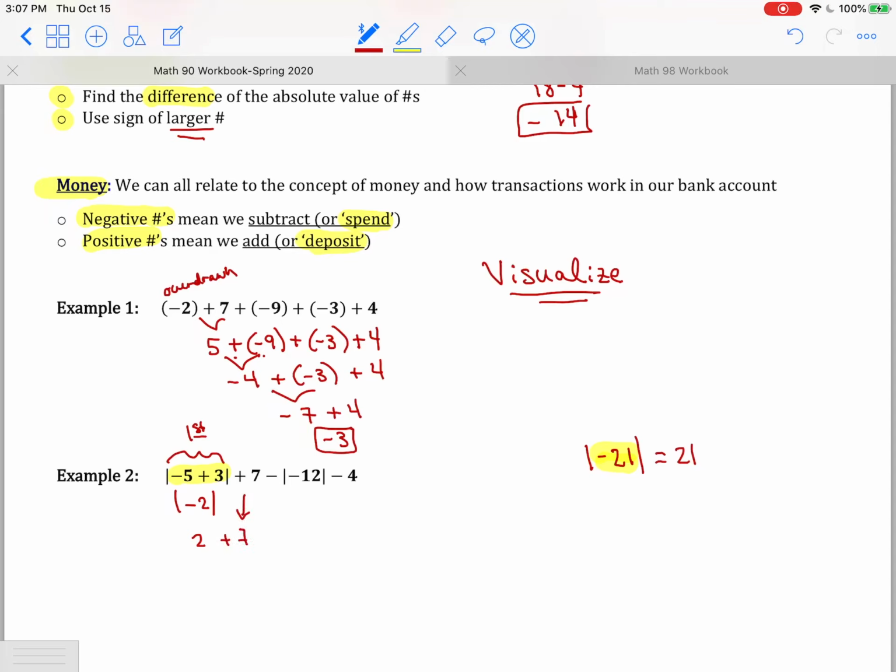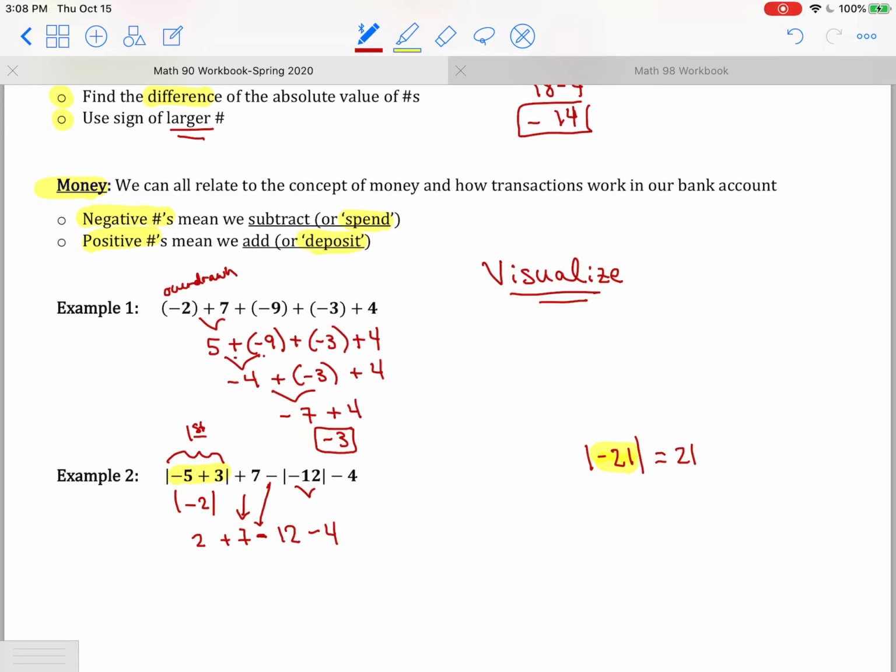So we're going to add 7. Then I have a subtraction sign. I want to keep that. I have the absolute value of negative 12. Well, that's 12 spaces from 0. This is tricky though. You notice this looks like a negative 12, but I want you guys to keep in mind this is just a subtraction sign that came down here. And then we have a minus 4 at the end.